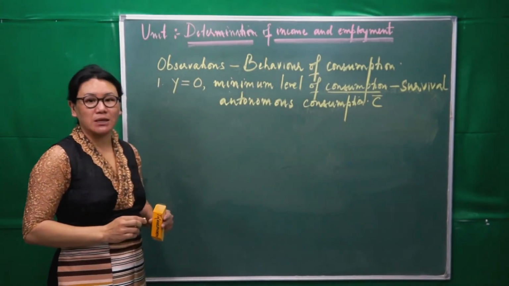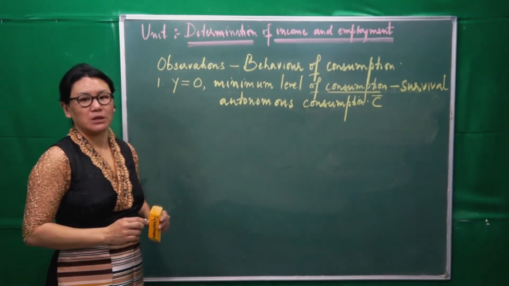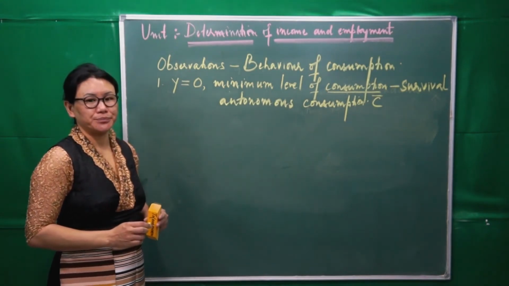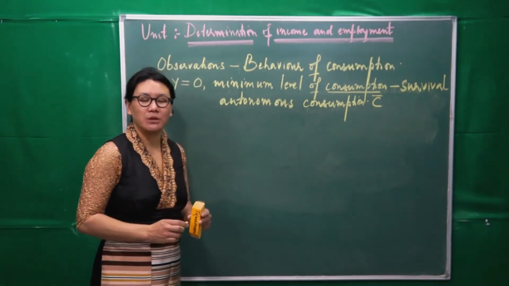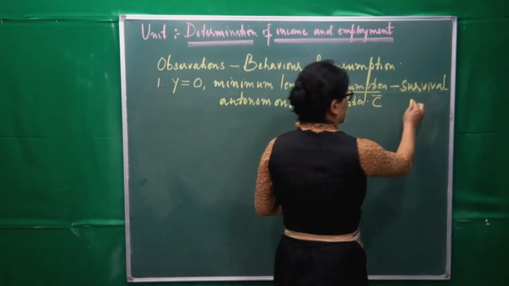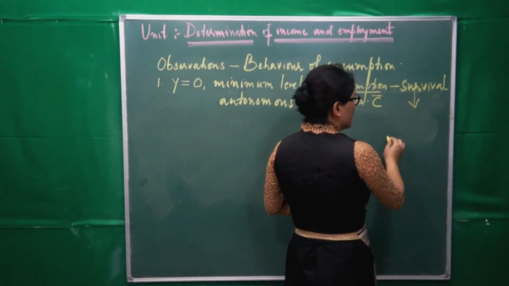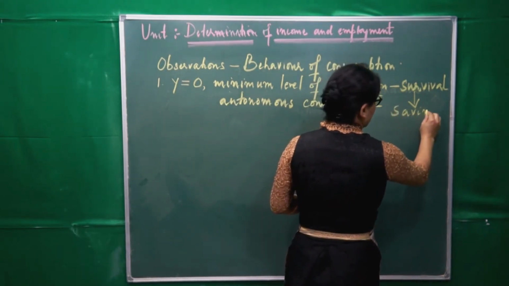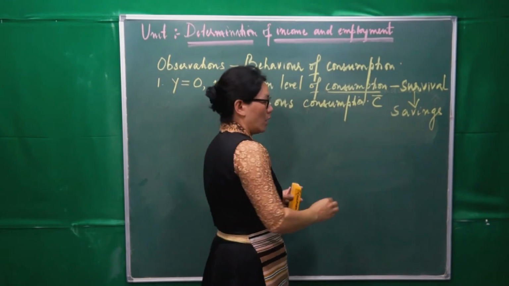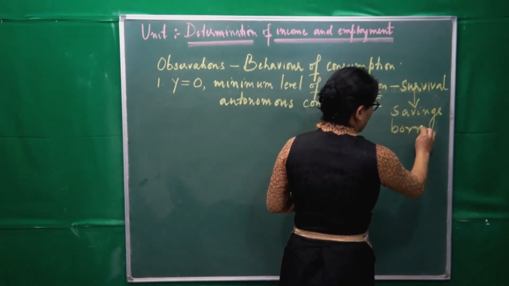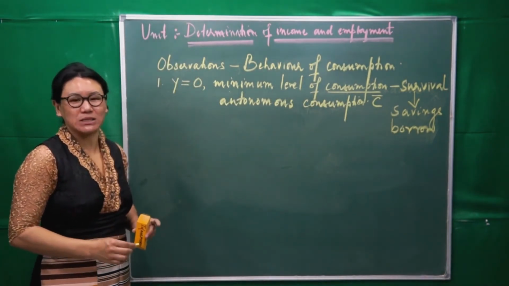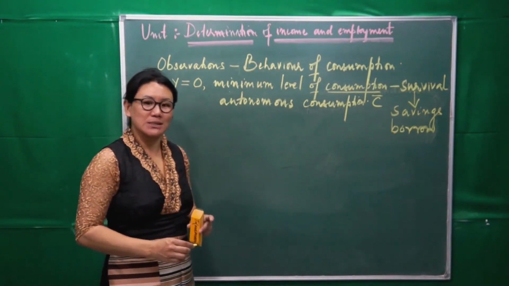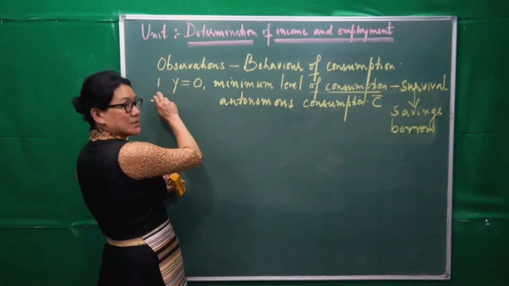So for survival's sake, they will consume the minimum, even if income is 0. Now how will they do it? How will they go for consumption when income is 0? As I said before, they will use their past savings, or they will borrow from somebody else, because consumption is needed for survival. Is that clear? Okay. So this is the first observation.